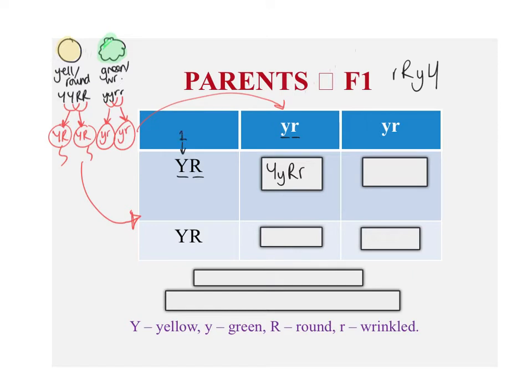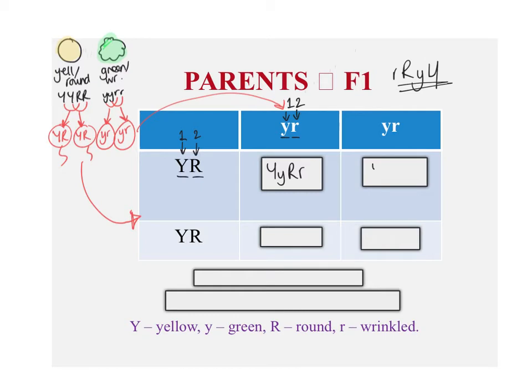So write the letters in the order that they come in, so the Ys come before the Rs. And it's always better, for neatness sake, and to make it look like proper English, that the capital letters, if there are any, come first. Although this isn't technically wrong, writing little r, little y, big Y looks a bit messy, a little bit slapdash, like you're not too sure what's going on.